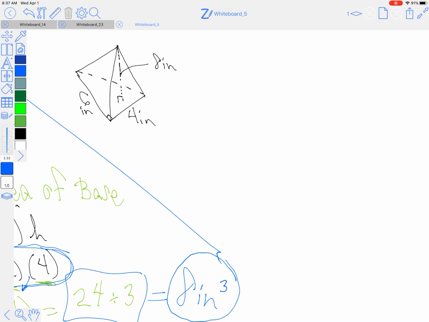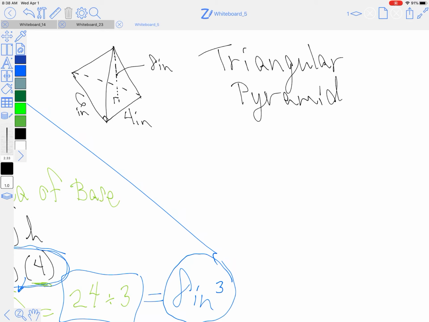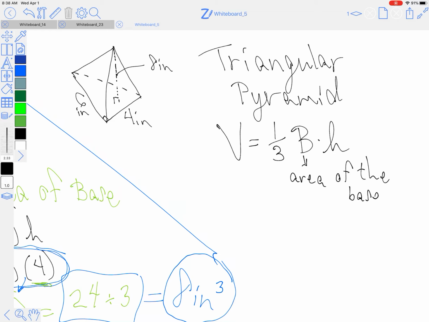Now the other type you're going to see today, or when you do this IXL assignment, is a triangular pyramid. And the formula starts out the same. Volume equals 1/3. Again, the capital B means area of the base.